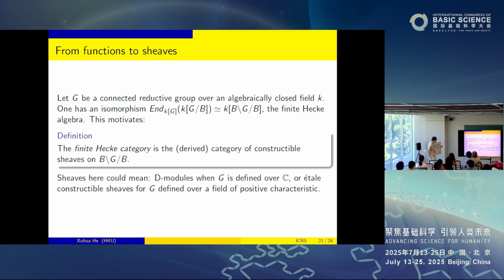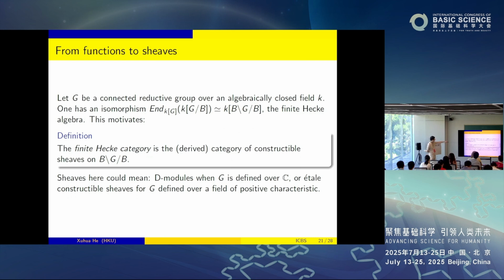In the beginning, we mentioned that one of the motivations for the Hecke algebra is that it is the endomorphisms of the functions on the flags. In fact, we can upgrade this to the Hecke category. The finite Hecke category is the derived category of constructible sheaves on this quotient stack, G quotient by B on both sides.